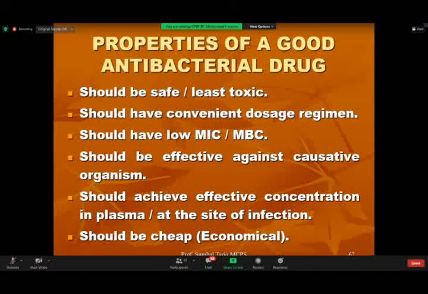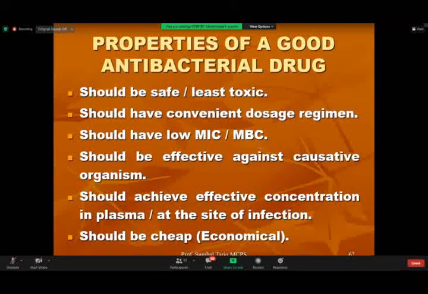Then the antibacterial drug should have a convenient dosage regime. If you are giving an antibiotic, again I'll give you the example of enteric fever, which is typhoid fever. The drug of choice for typhoid fever over time has changed. Earlier it was chloramphenicol.